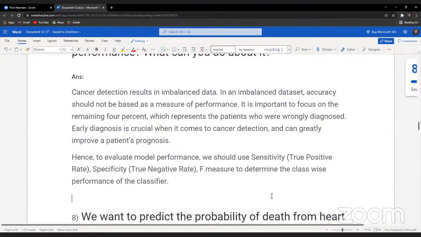Early diagnosis is crucial when it comes to cancer detection and can greatly improve a patient's prognosis. Hence, to evaluate model performance, we should use sensitivity, true positive rate, specificity, true negative rate, and F measure to determine the class-wise performance of the classifier.